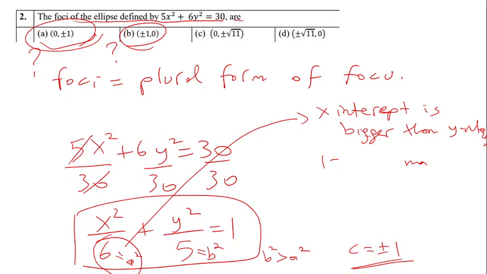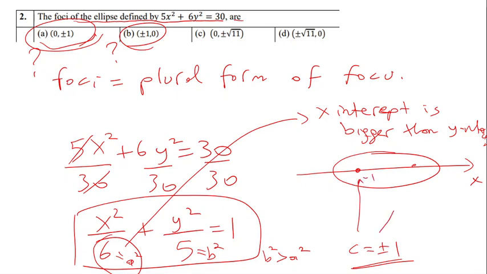what does this mean? It means we have a shape like this. If this is the case, then where is the focus? It has to be on the x-axis. So c has to be -1 and 1 here. So what are the foci? Focus 1 and focus 2 have coordinates (-1, 0) and (1, 0).